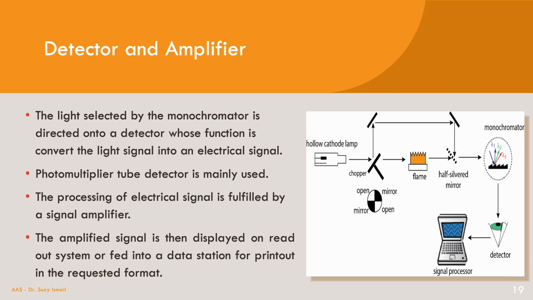The final one is the detector and amplifier, where the light emitted from the monochromator is directed into a detector whose function is to convert the light signal into an electrical signal. From this, the electrical signal is processed by a signal amplifier, and the amplified signal is then displayed on a readout system or fed into a data station for printout in a requested format.